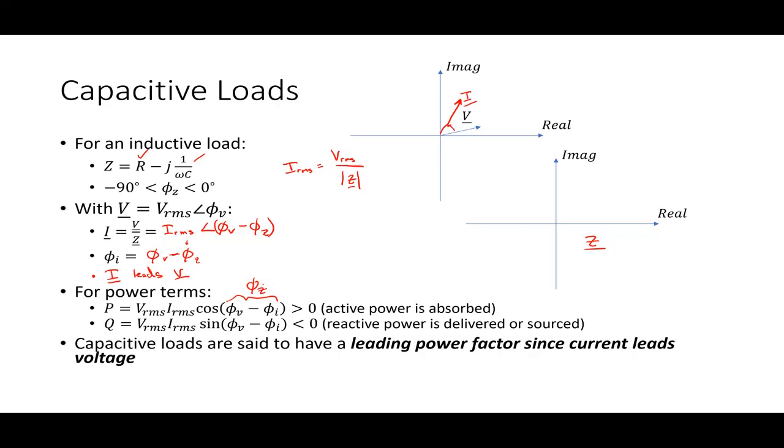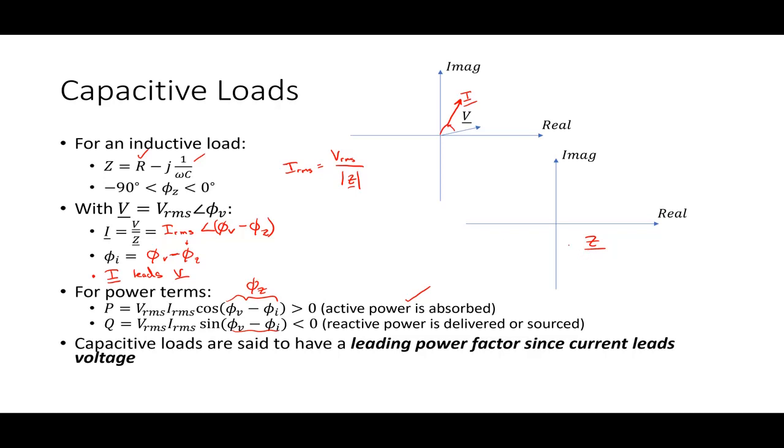When I'm looking at angles down here in the fourth quadrant, the P value is going to be positive again, meaning that active power is absorbed. For my Q value, again, sine of phi sub Z, if I'm taking the sine of an angle in the fourth quadrant, that's going to be negative.